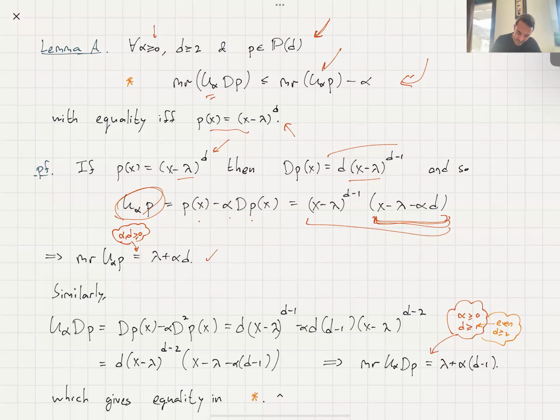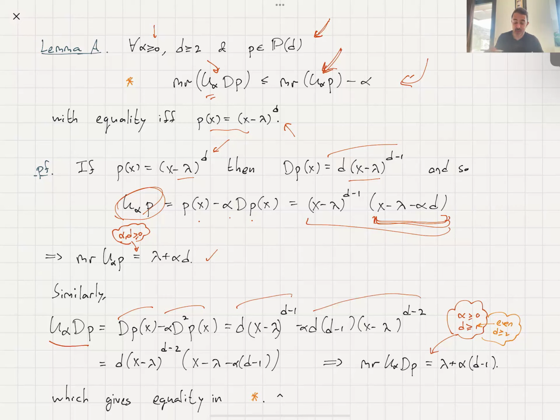So that's this thing. Now we need to compute the max root of U alpha applied to the derivative. Right here we computed the derivative in order to compute that. Now we have to compute the second derivative. So the U operator applied to the derivative is the derivative of p minus alpha times the second derivative of p. That's the derivative of p that we computed, and that's the second derivative.